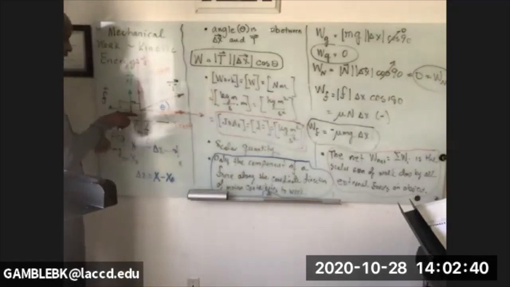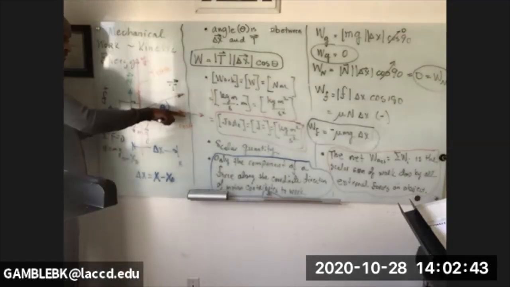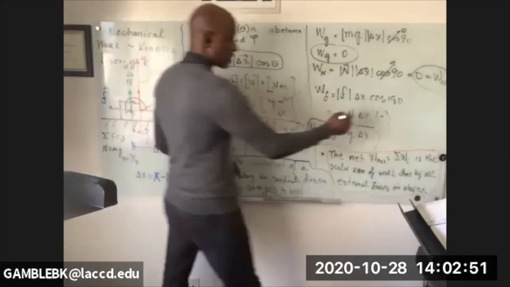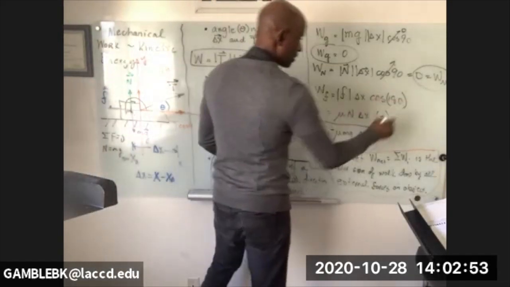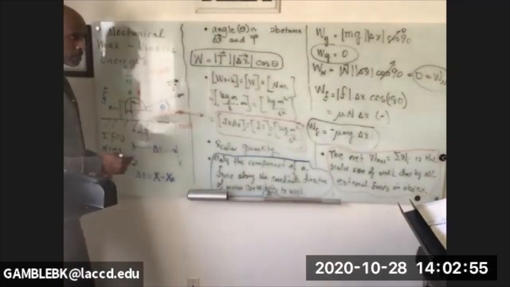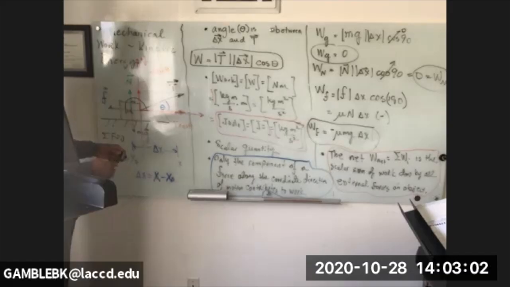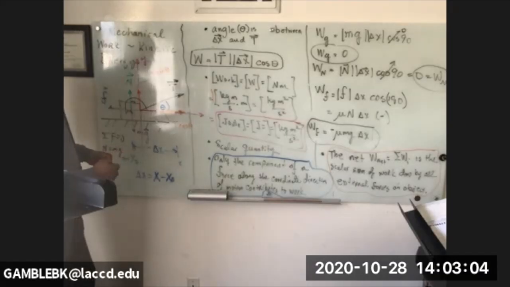Over here, the direction of the motion is still in the positive x direction, but the frictional force is in the negative x direction, so the angle between them is 180 degrees. That's where this 180 is coming from. Do you see that? Yeah. So cosine of 180 is -1.